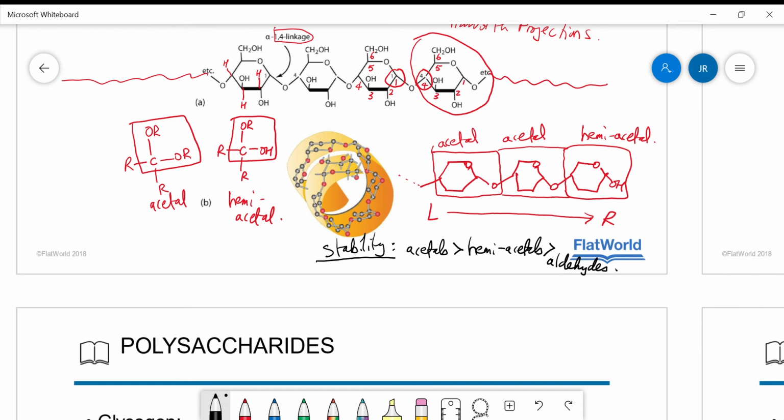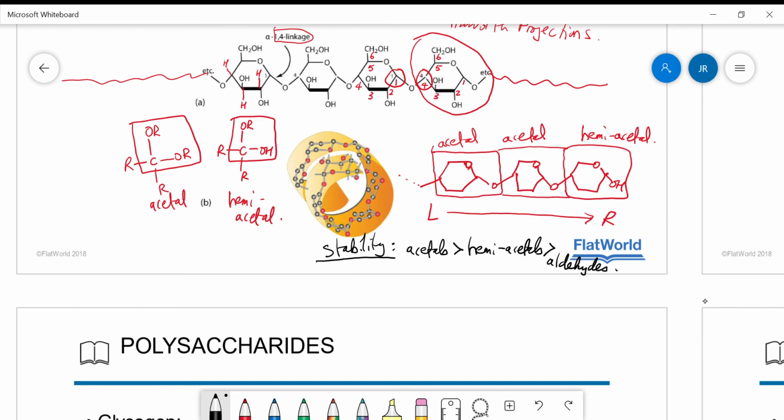We've seen already that alcohols can attack aldehydes because of their exposed carbonyl. Remember, the carbonyl is that carbon double bond oxygen. So we can actually protect an aldehyde by making it a hemiacetal, and we can further protect the hemiacetal by making it a full acetal.